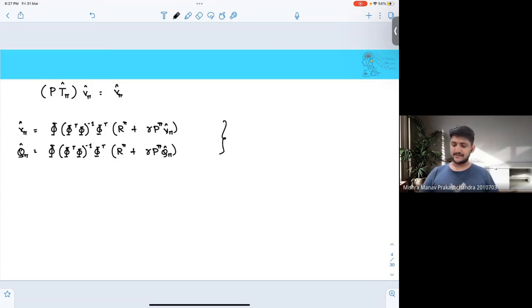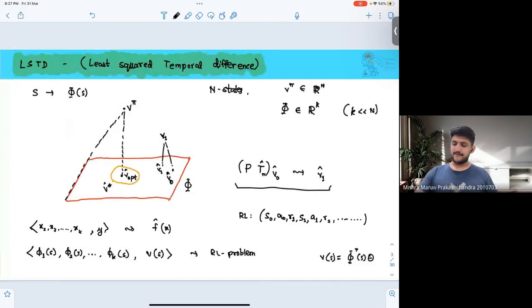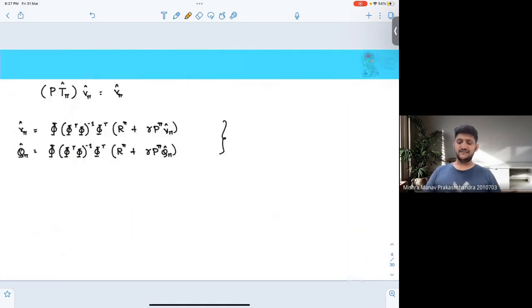In this case, remember this: this is how my linear parameterization of V looks. I just take my v pi equation and substitute that particular equation that I just highlighted over here. I get phi times theta pi. This is the matrix representation, so the transpose goes away.